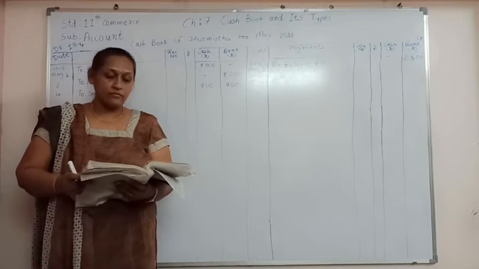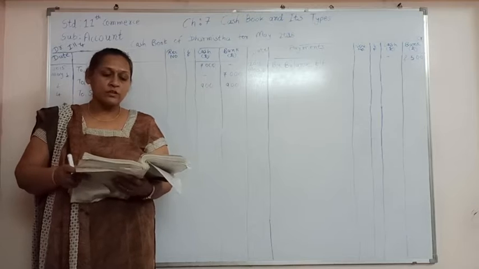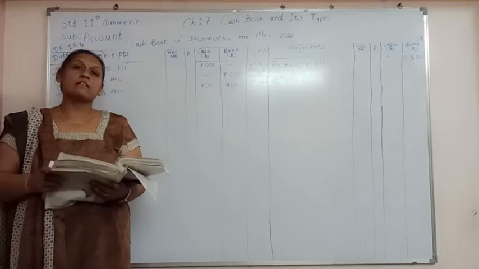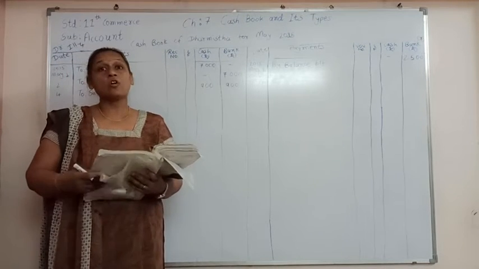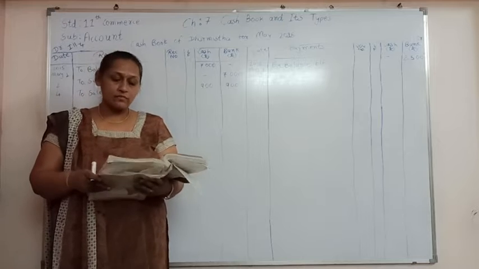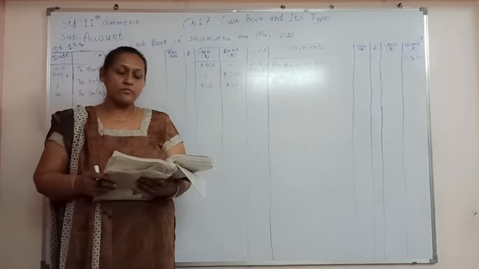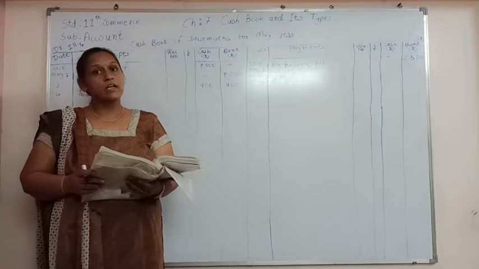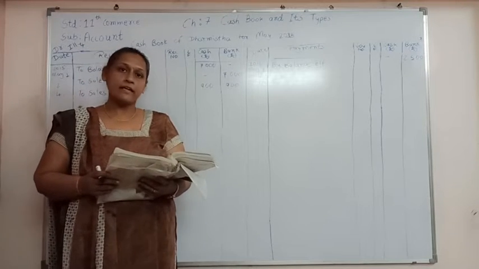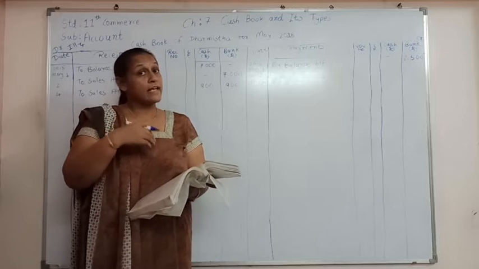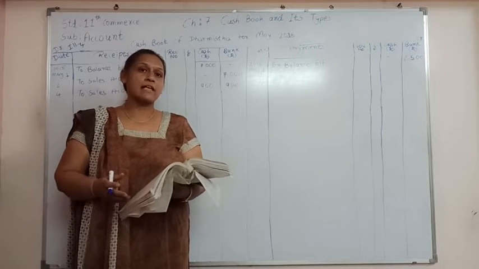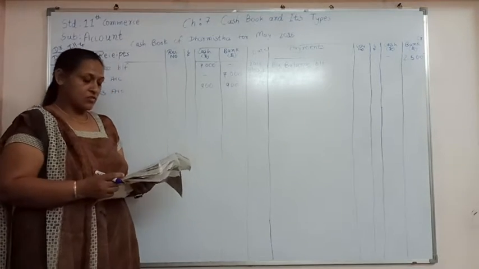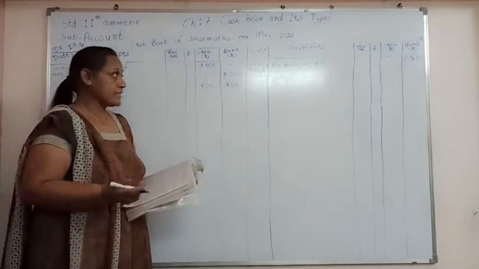On the 5th date, 2,000 cash deposited in bank. So here this is a contra transaction. The 2,000 rupees we have in our hand, we are depositing in the bank. So here cash is going out of the business, and as we know, when cash is going out, we credit the cash.